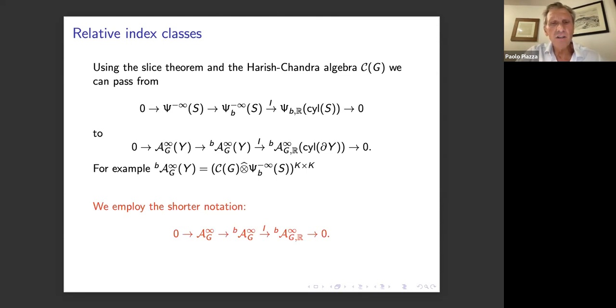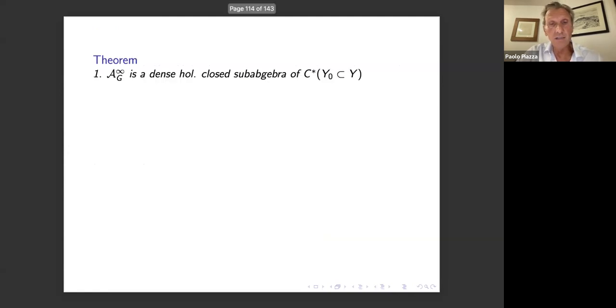So this is a heavy notation, so let me use this shorter notation. This short exact sequence will play a fundamental role because we will be talking about relative classes.